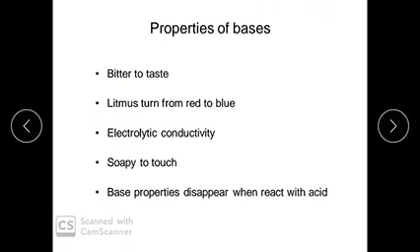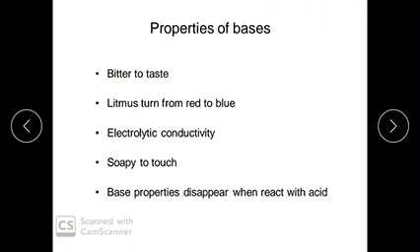Now let us see the properties of bases. Generally, bases have a bitter taste, and they turn red litmus into blue litmus.